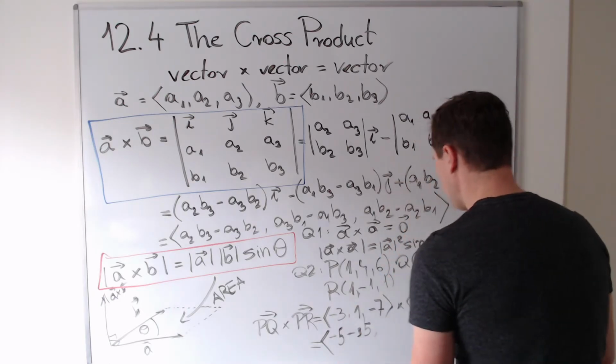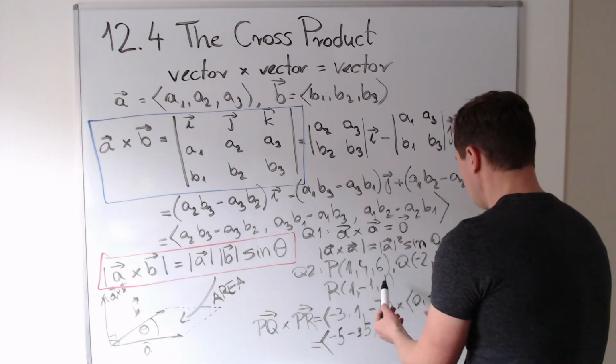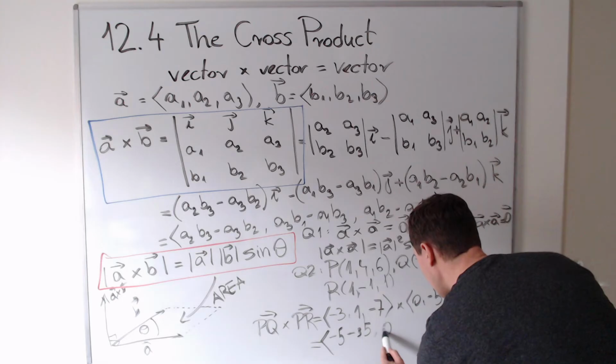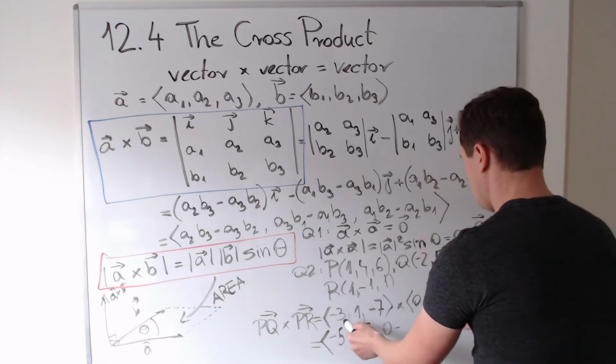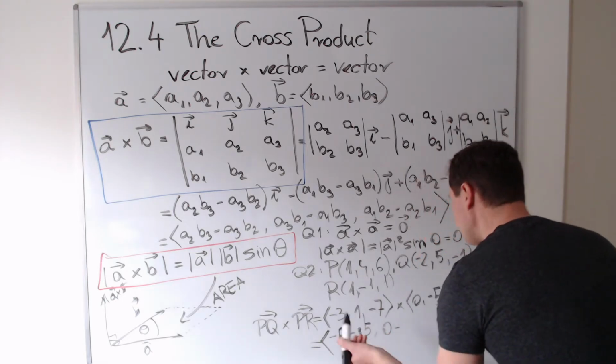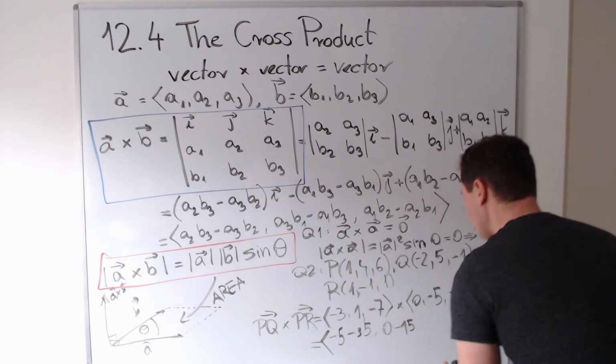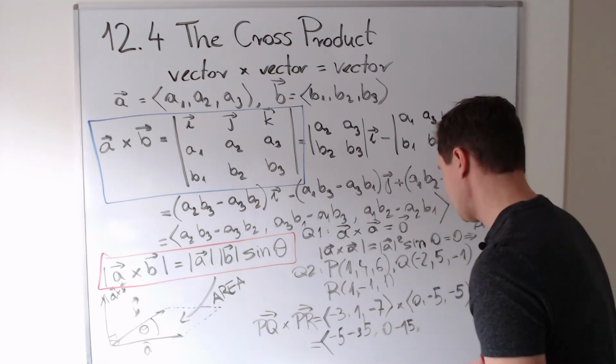For the second component, I will have -7 times 0, that's 0, minus 3 times -5, that's 15, so 15 is getting subtracted.